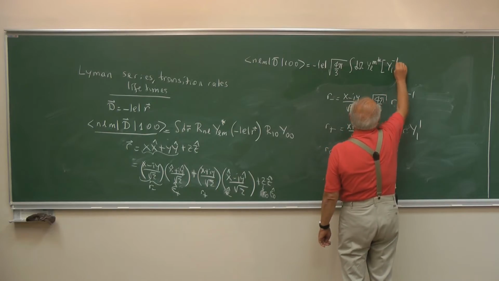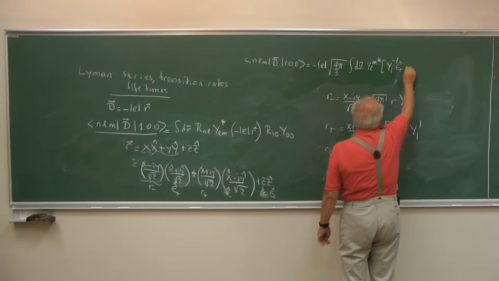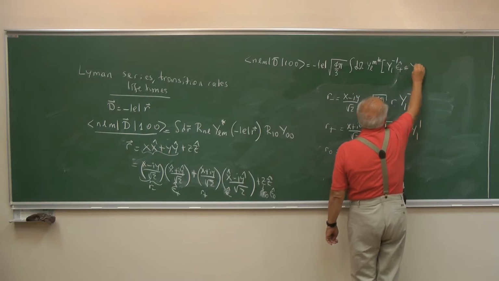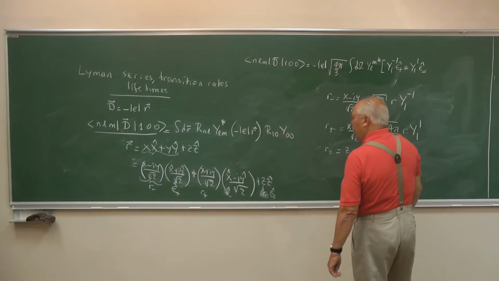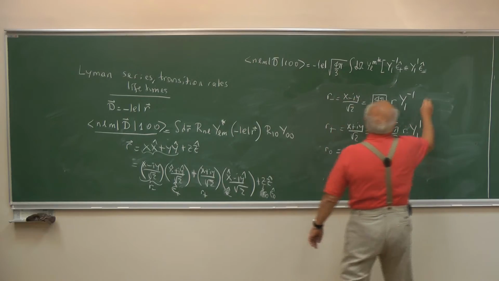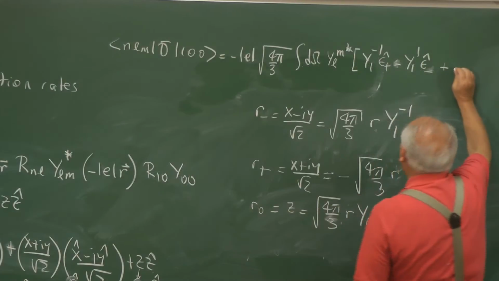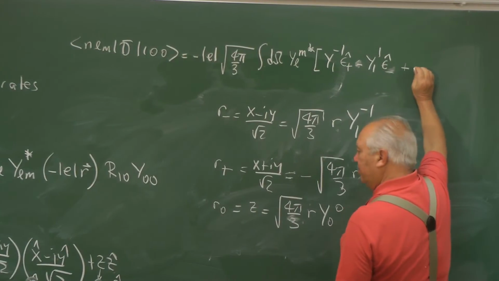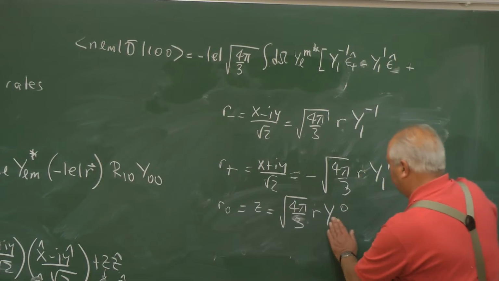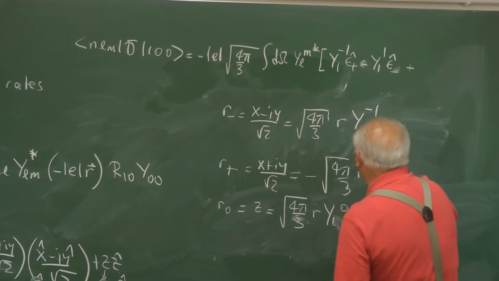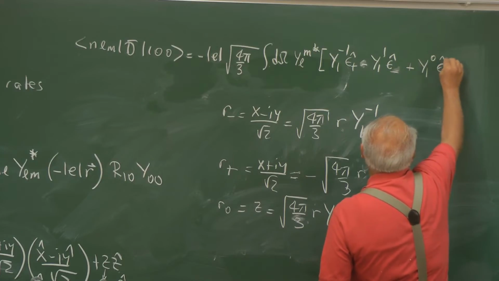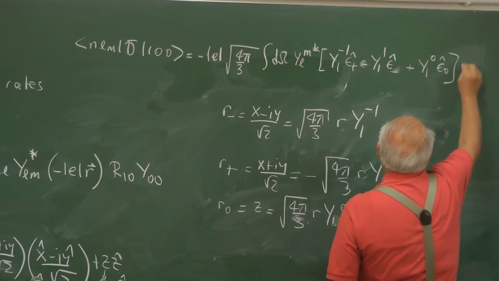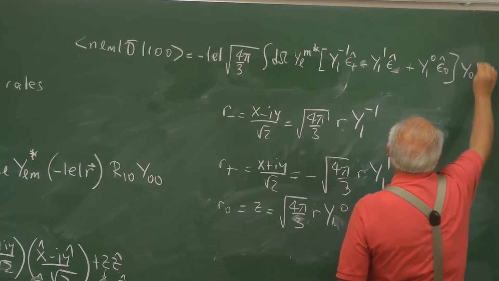Then y1 minus 1 epsilon plus, minus y1 1 epsilon minus, plus y1 0 epsilon 0, multiplied by y0 0.